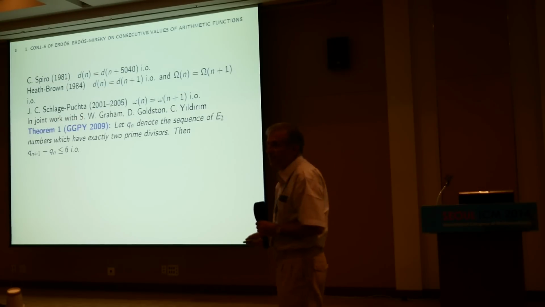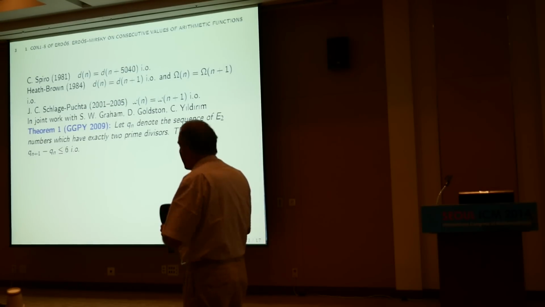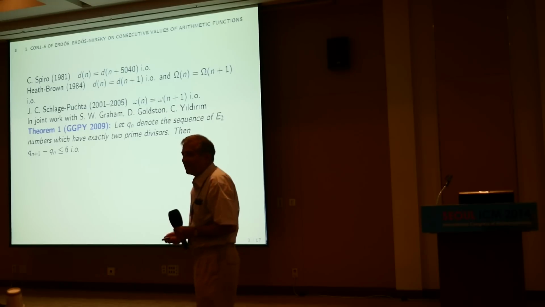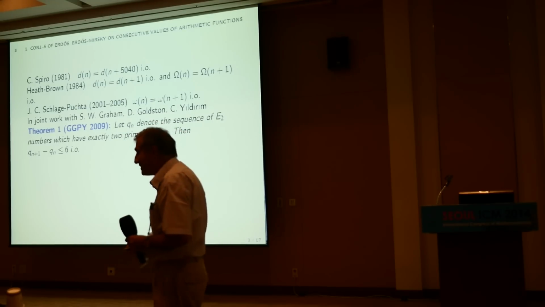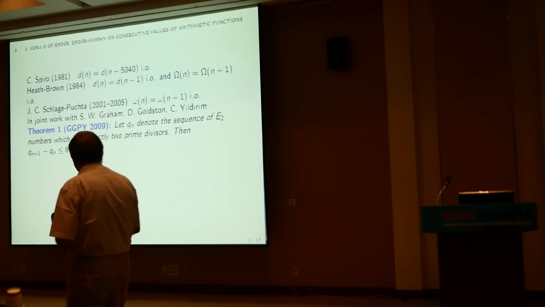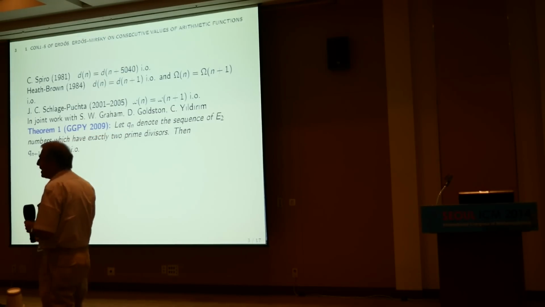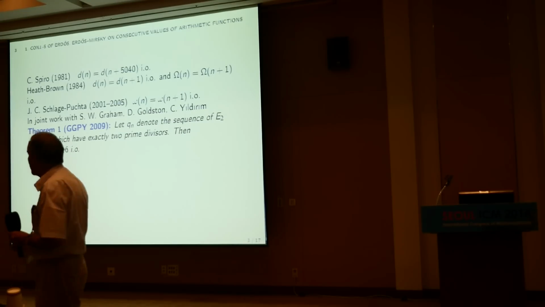Once it was solved with a different number, that means that n plus 5040 has infinitely many times as many divisors as n, so that came already somewhat close to the Erdős-Mirsky conjecture. And really 3 years later, Heath-Brown proved the Erdős-Mirsky conjecture.